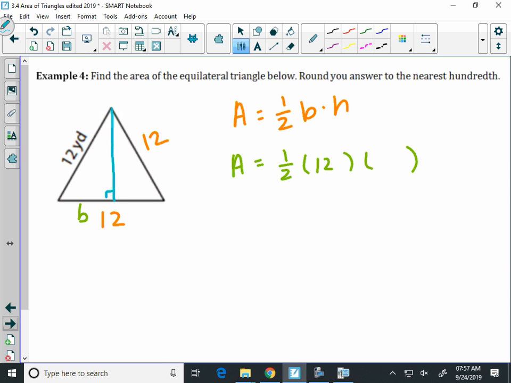Do we know what our height is? No, right? We drew our height, but they didn't tell us. It wasn't drawn in there for us. We don't know what it is. Okay? But what do you notice here? What type of shape did we just draw by drawing in our height, by drawing in our altitude?